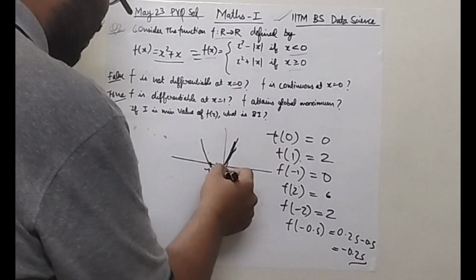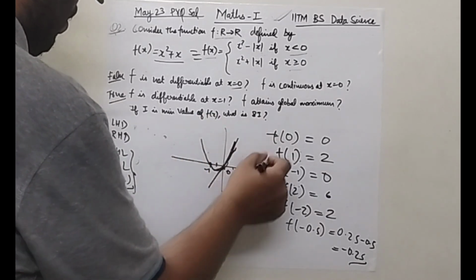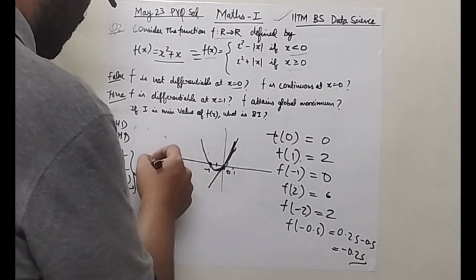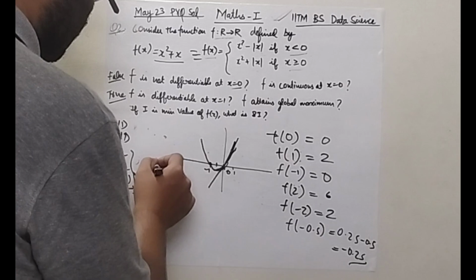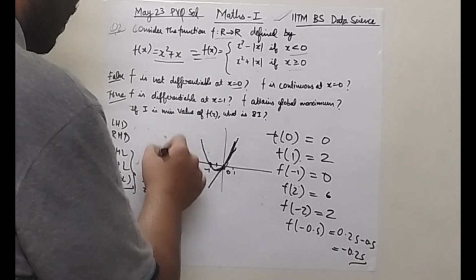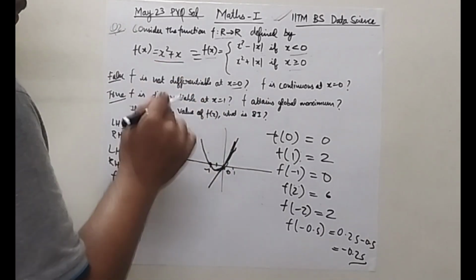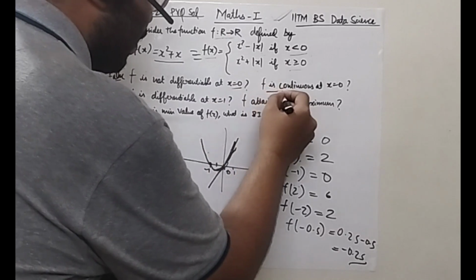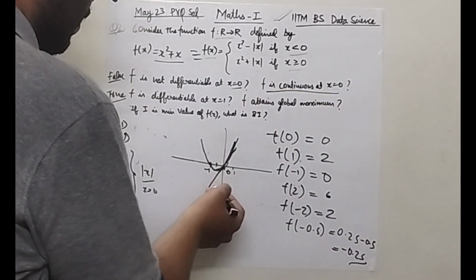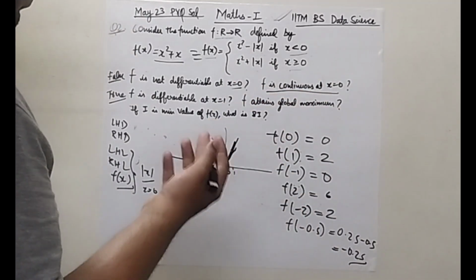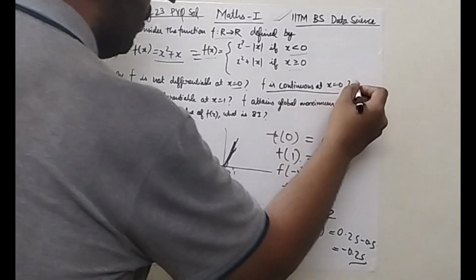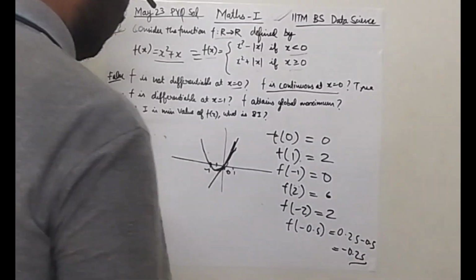But you can see from the graph itself whether it is continuous or not. Generally mod x is not continuous at x equals 0 because there is a break, but here there is no break. Whether f is continuous at x equals 0, yes, it is continuous, because it is differentiable also. So yes, it is true.